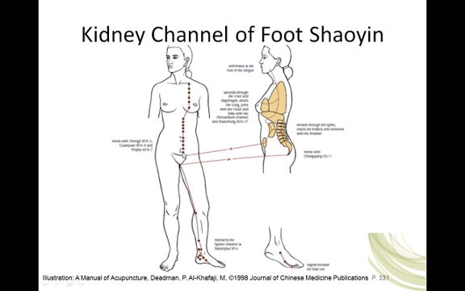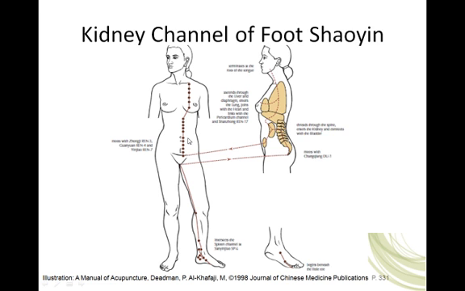Then we have kidney 12, kidney 13, 14, 15, 16, all half a Cun lateral to the center of the umbilicus. Two Cun lateral to the center of the umbilicus is stomach 25, and 4 Cun lateral to the center of the umbilicus is spleen 15.